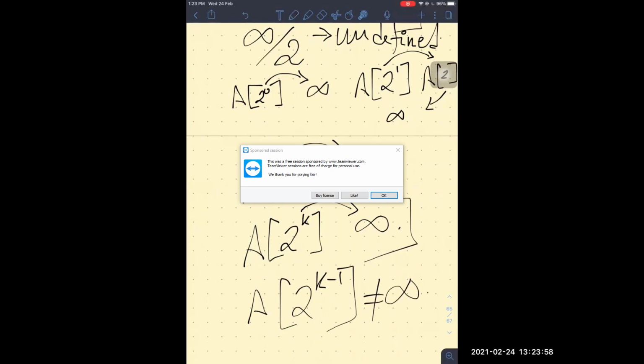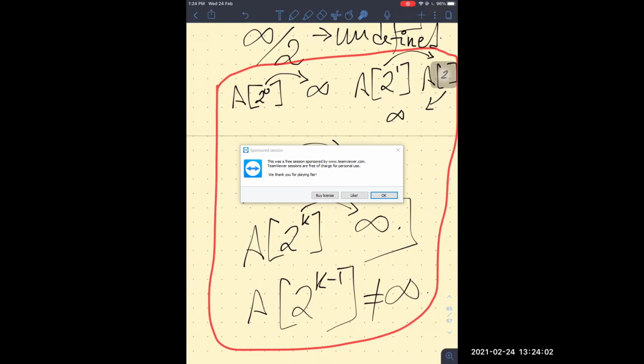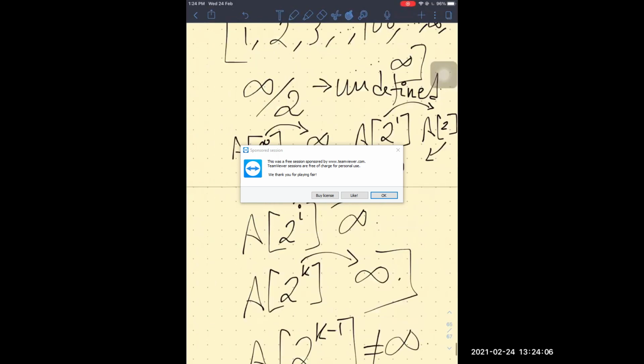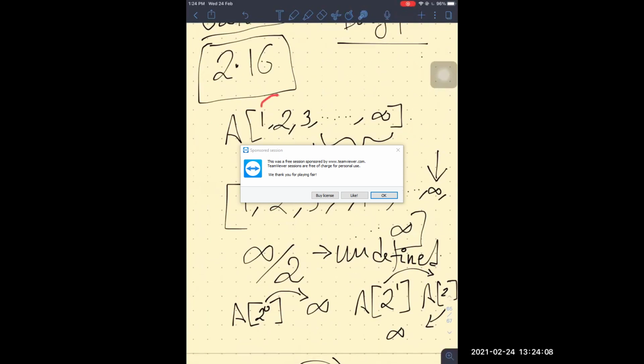Is this part clear, what we are trying to do here? Yes. Okay. So we are basically progressing through this array in powers of 2. We are trying to find at what power of 2 we get infinite. It means that all the elements before that were integers.